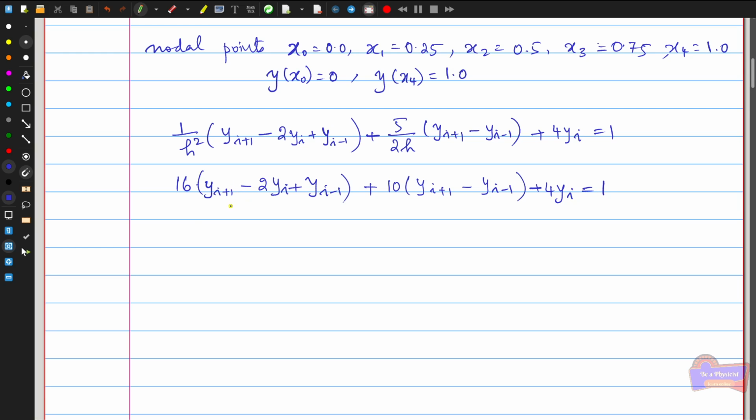Or I can just multiply all the constants and reduce this equation by collecting the coefficients of y i plus 1, y i minus 1 as well as y i.